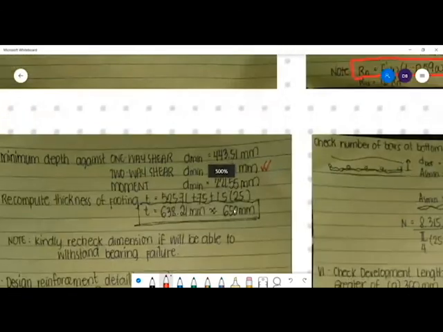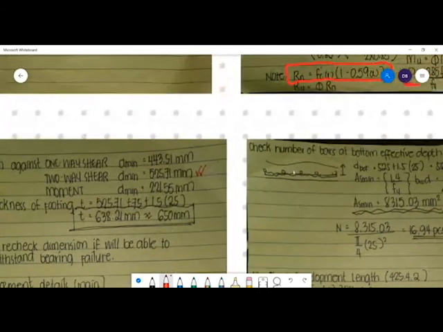Why? Because the effective depth is measured from the top of the beam up to the center of the reinforcement. We have two layers of reinforcement, you have to remember. So this is the detail, with the top and bottom bars overlapping. Therefore, the d minimum we got is 525.71, which we can assume is located on the top bar.